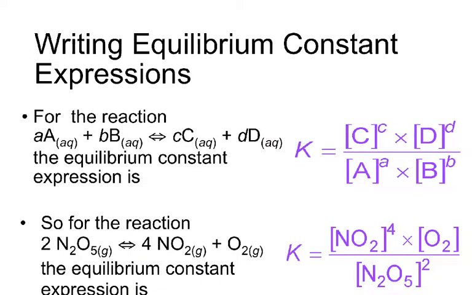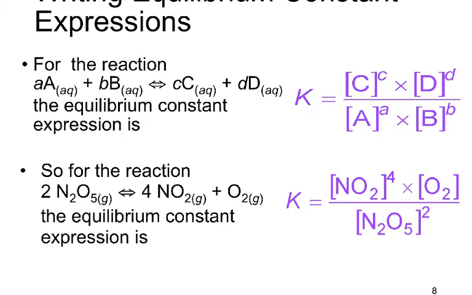Okay, so moving on, talking about K. Writing equilibrium constants. Here's our generic one again. Let's look at a specific example. So here 2 N2O5 is in equilibrium with 4 NO2s and 1 oxygen. So our equilibrium expression is our concentration of our products.